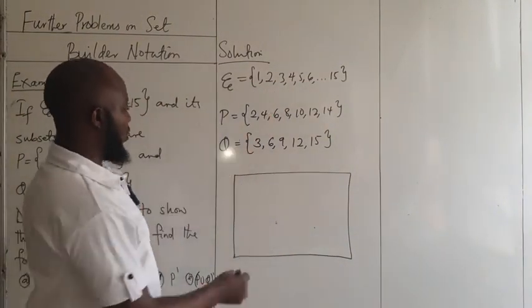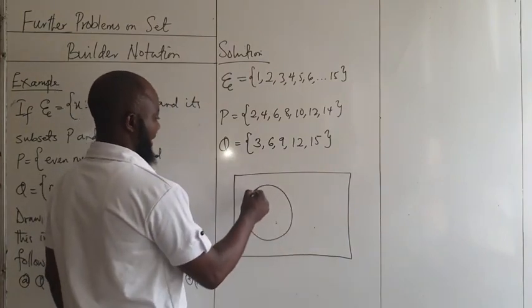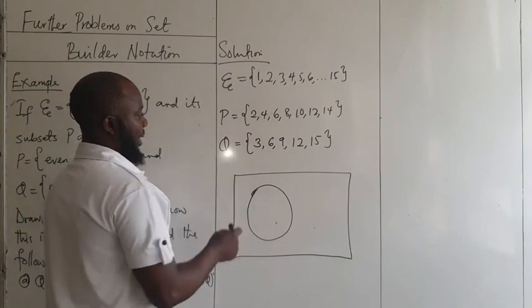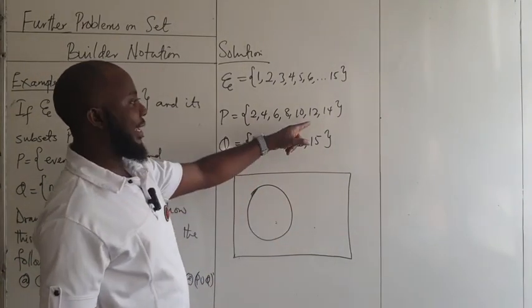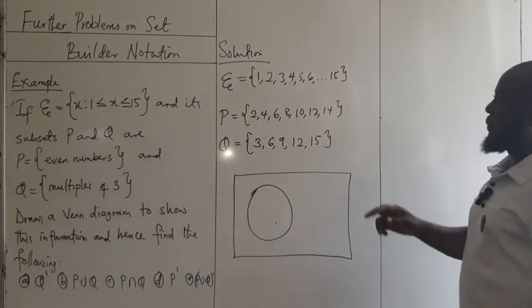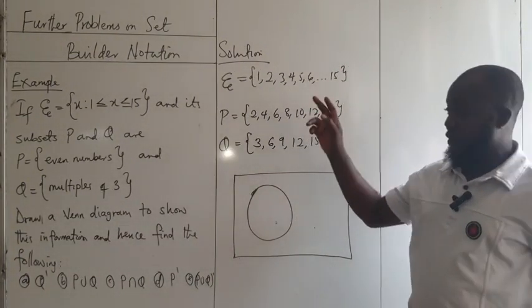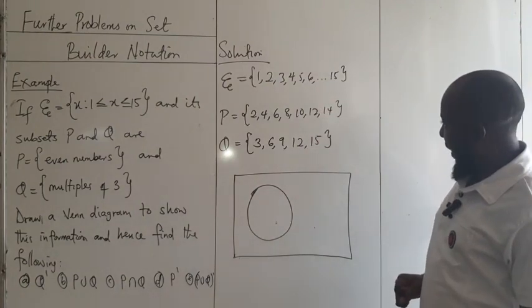While for the circles, we only have 2 sets, P and Q. Before we draw the 2 sets, we must check if we have elements that belong to P and also belong to Q, so that we know if they have an intersection. That's what we're going to look at first.